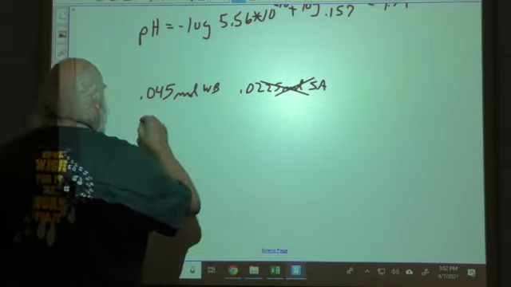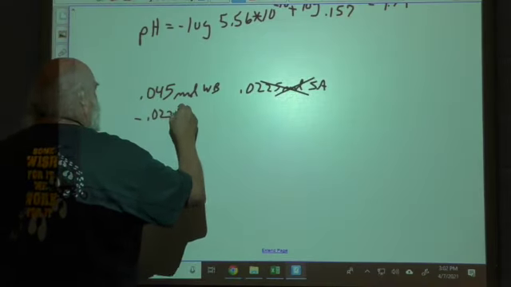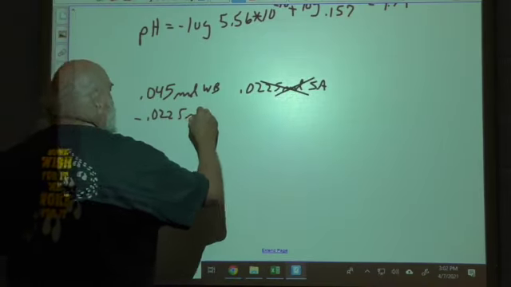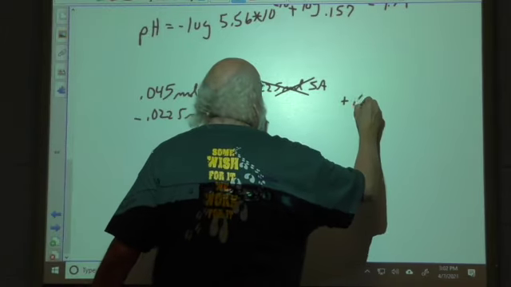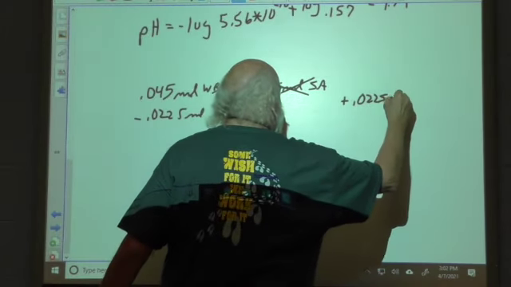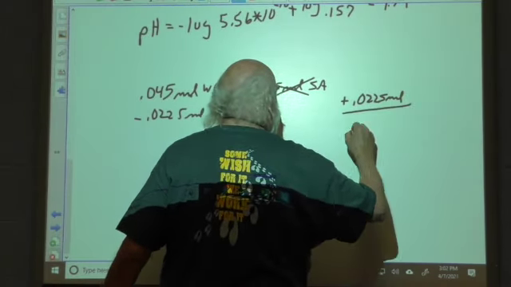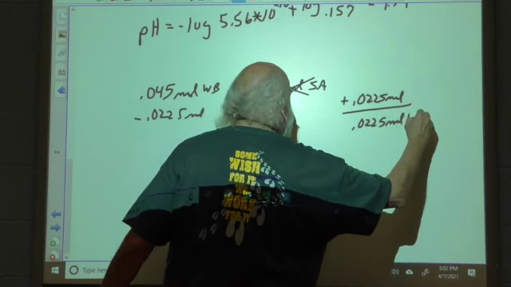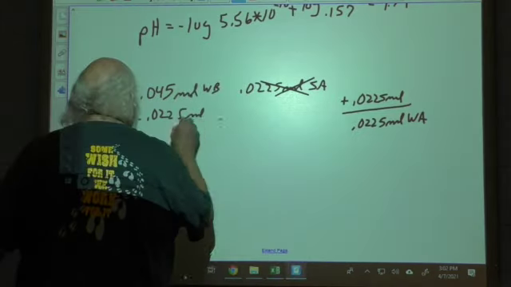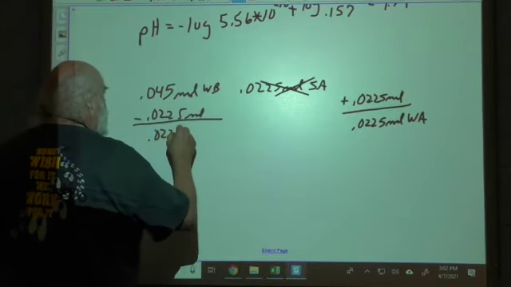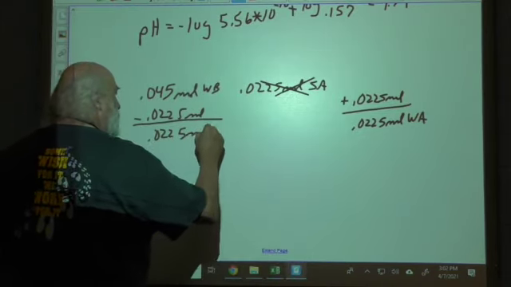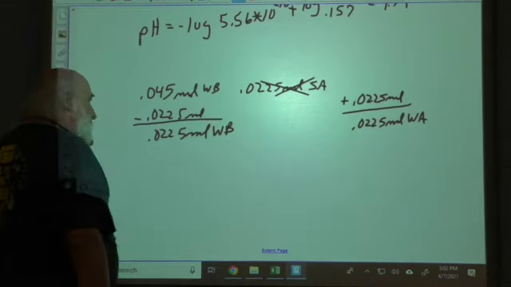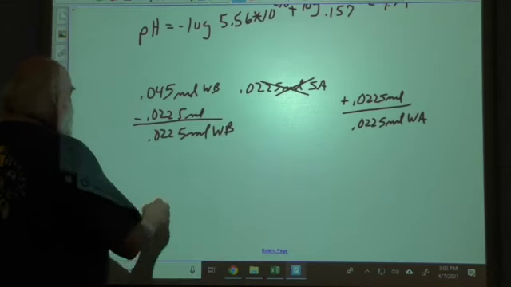We lose all of that. We lose 0.0225 here. And we gain 0.0225 here. And that gives us 0.0225 moles of the weak acid and 0.0225 moles of the weak base. So we plug that into Henderson Hasselbalch.